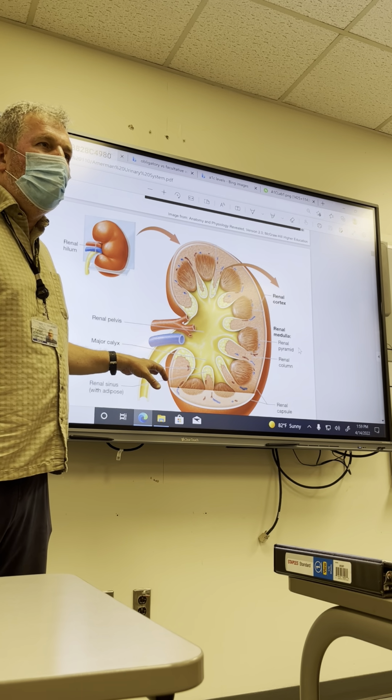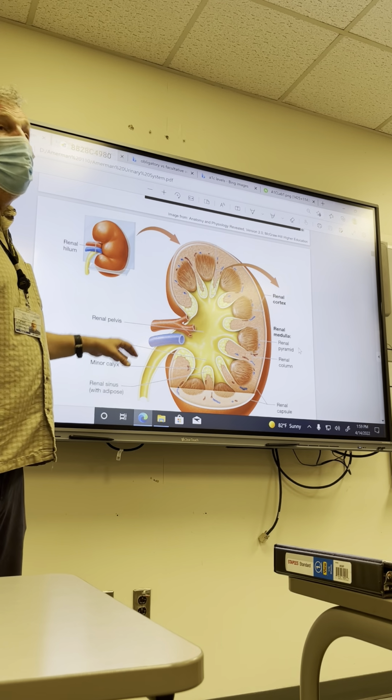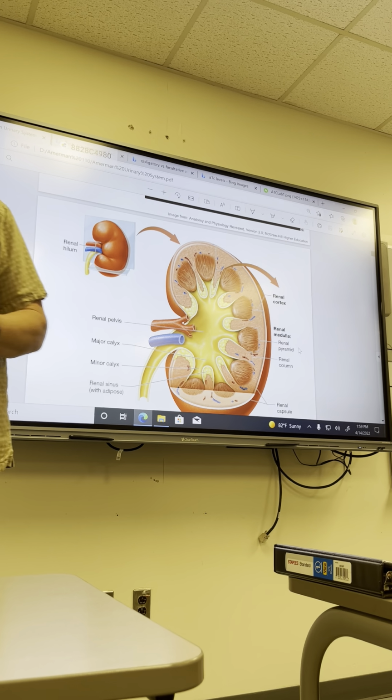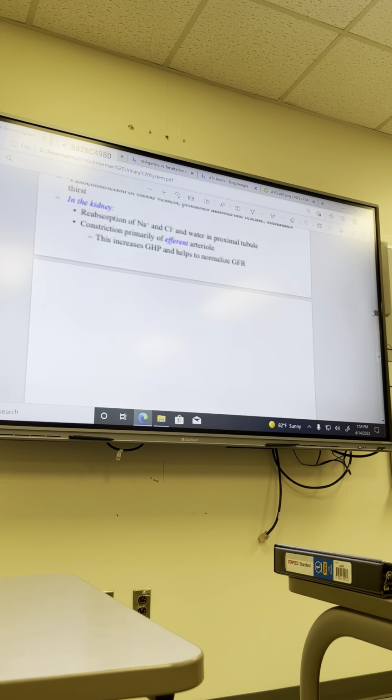We did do that already, right? Yeah. So once it's in the ureter, it's going to be taken to the bladder by peristalsis. Peristalsis will take it to the bladder for temporary storage. The bladder has a muscle in it called the detrusor muscle, smooth muscle, that's under parasympathetic control.